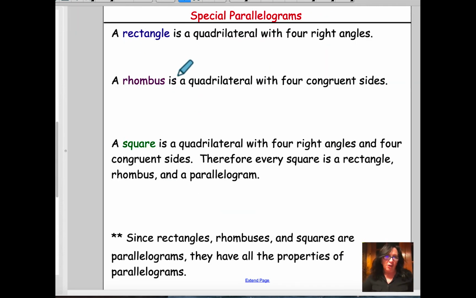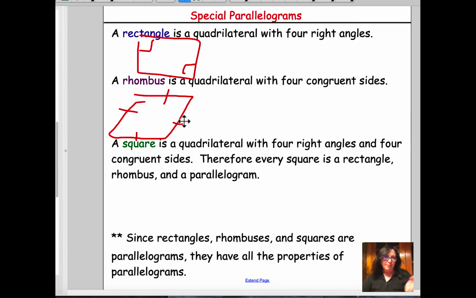A rectangle, just to reiterate some of this stuff, is a quadrilateral with 4 right angles. True. A rhombus is a quadrilateral with 4 congruent sides. True. A square is a quadrilateral with 4 right angles and 4 congruent sides.